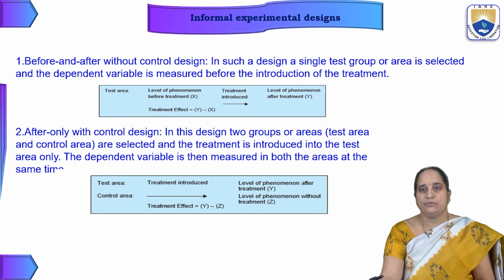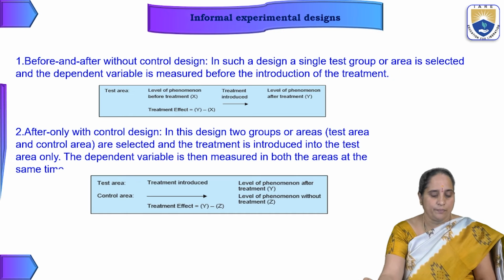Whatever treatment you are going to use should be introduced only in the treatment area, not in the control area. The dependent variable is then measured in both areas at the same time. At a time you are going to measure the performance of both areas, the test area and the control area.